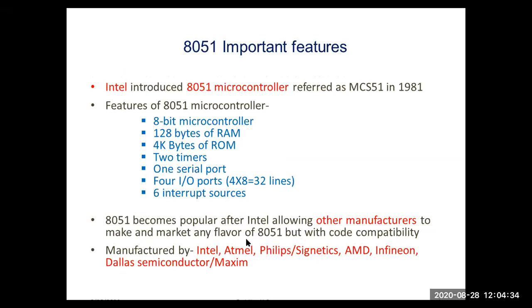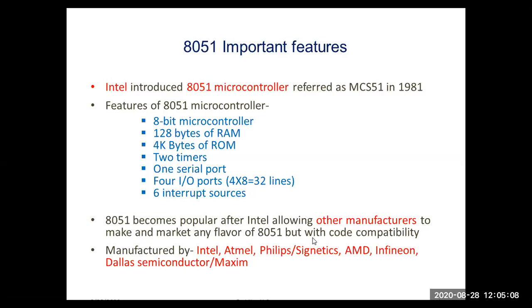The meaning of this statement is that Intel opened its 8051 microcontrollers architecture, internal architecture, to other manufacturers, so that other manufacturers can manufacture microcontrollers based on this architecture, which will come under 8051 family of microcontrollers, but with one condition, that it should have code compatibility.